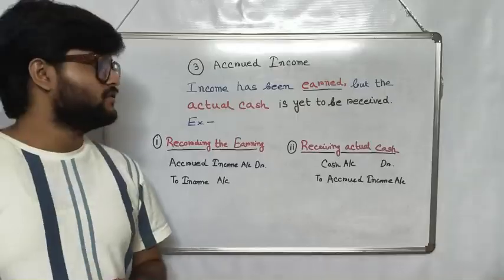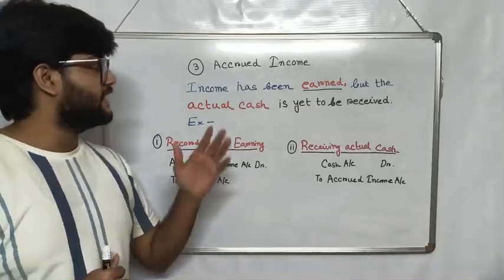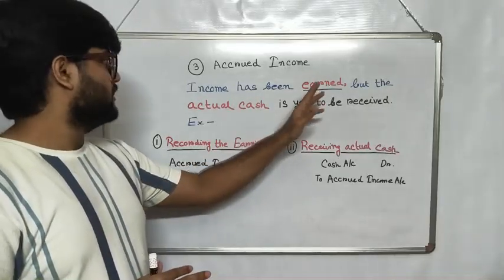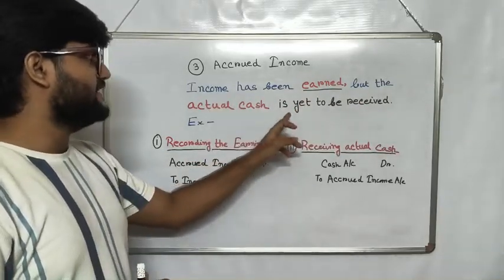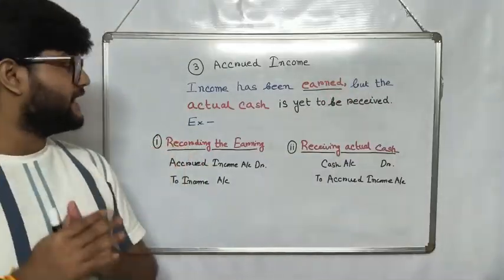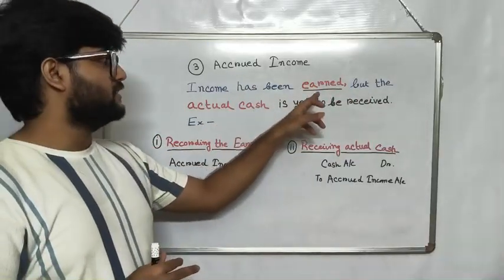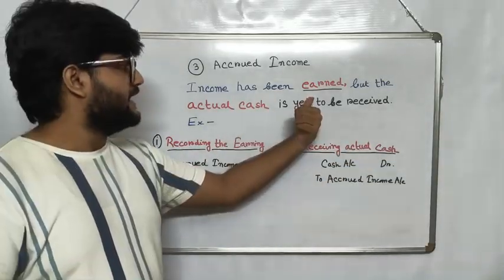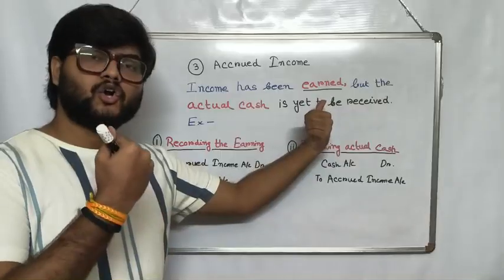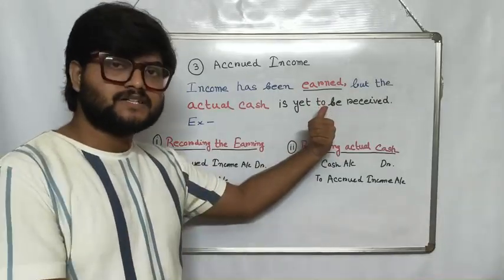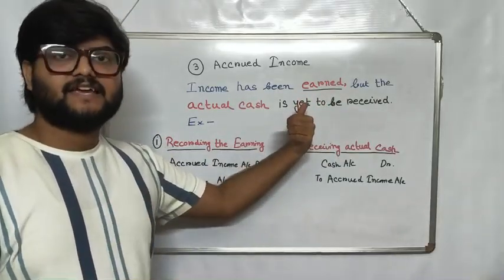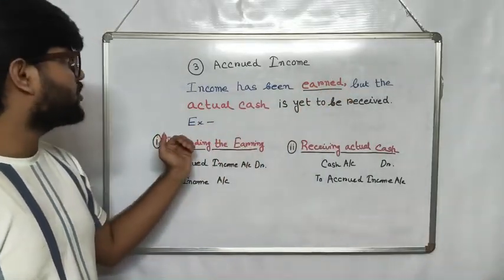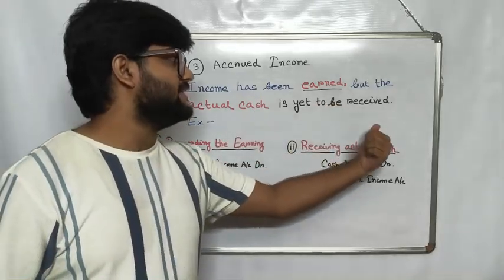Now we will talk about the third adjusting journal entry, that is accrued income. It states that income has been earned, but the actual cash is yet to be received. Now if we break it down, income has been earned. Here earned means that you have provided the service or the goods to the consumers, or you have invested or held capital, but the actual cash is yet to be received.